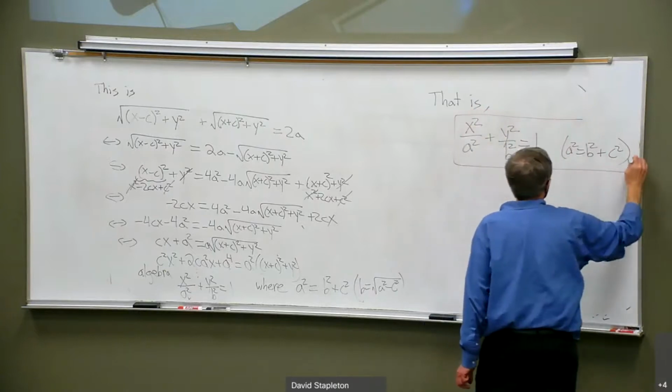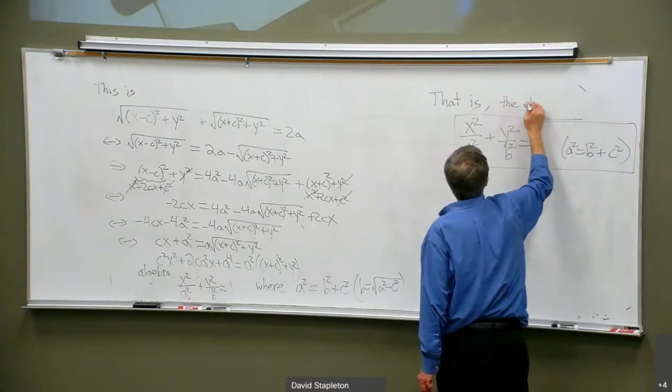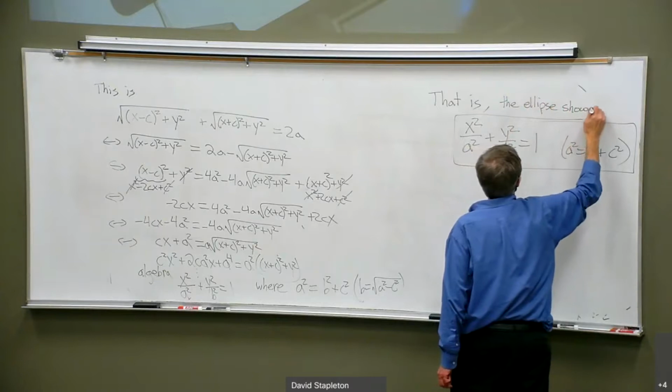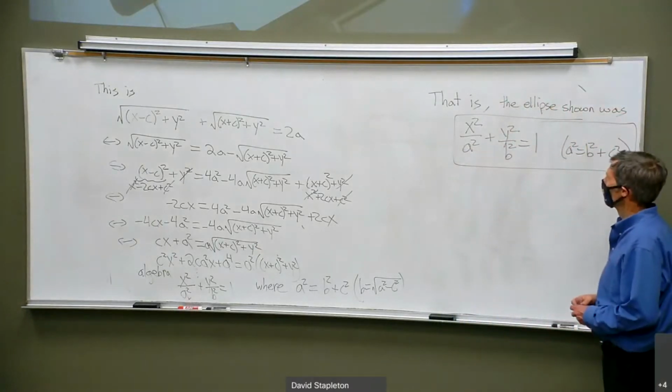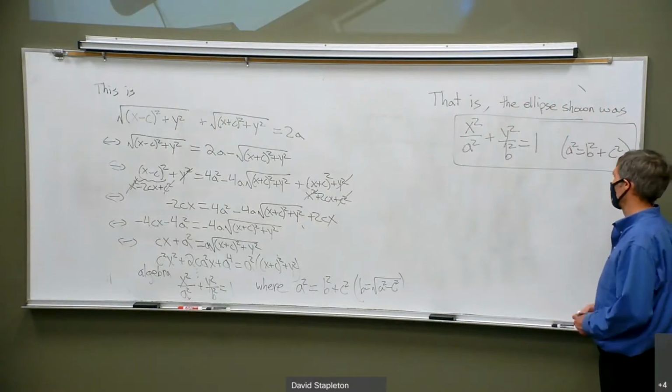That generates an ellipse. But you get it by doing the same thing, writing the distance formula and squaring and doing a lot of algebra.